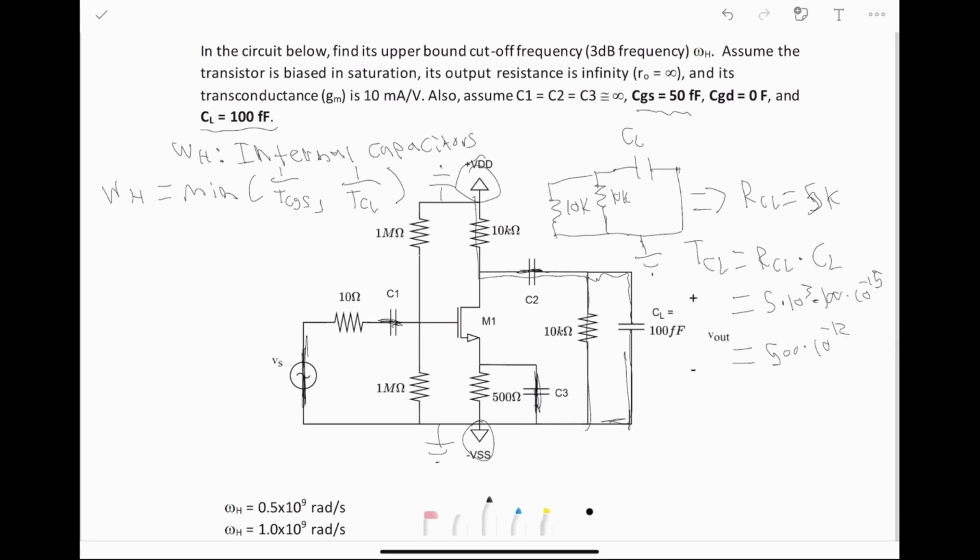That's how I'll write it, as tau CL. And 1 over tau CL is going to be 1 over 500 times 10 to the negative 12. So now we can write our first omega H value. We can say that omega H is going to be equal to the minimum of something, 1 over tau CGS, and 1 over 500 times 10 to the negative 12th.